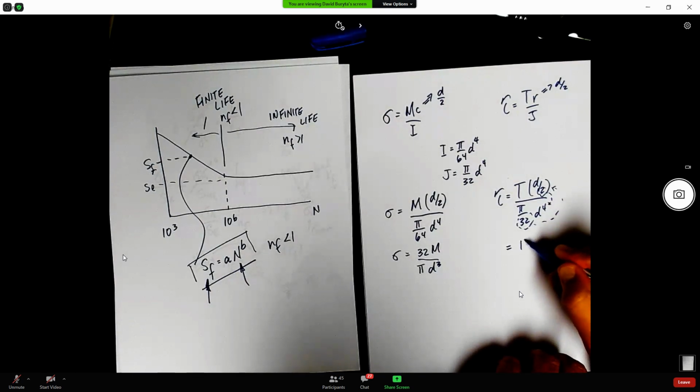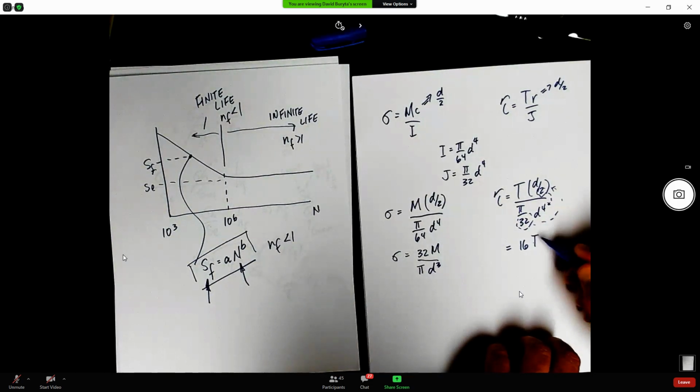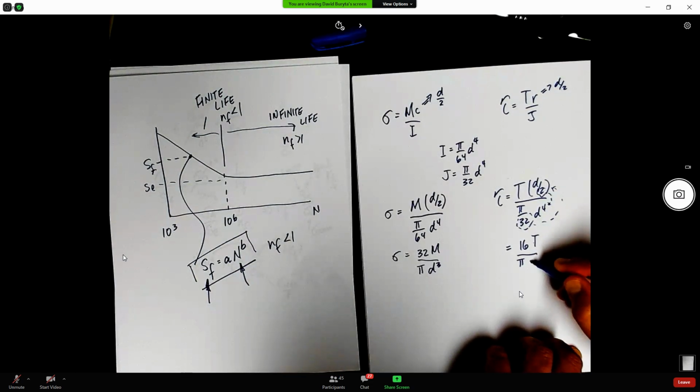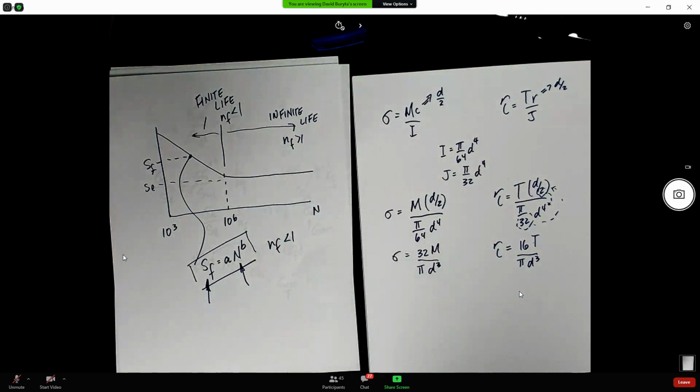So that leaves you with a 16, 32 divided by 2, times the torque T in the numerator, and d to the fourth down here, and you get d cubed.